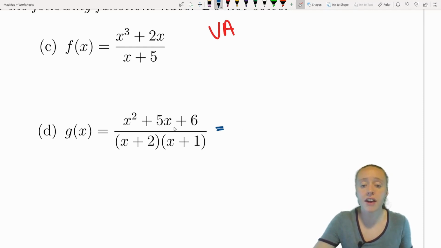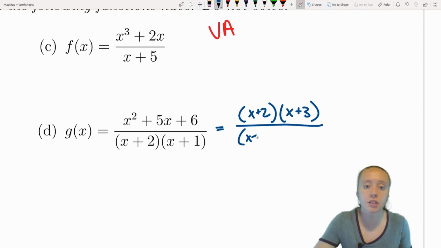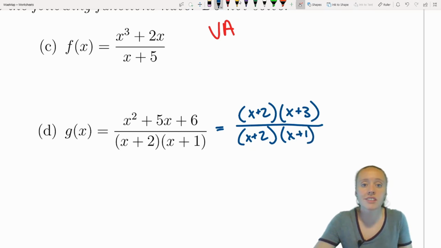So x squared plus 5x plus 6, what multiplies to give me 6 and adds to give me 5? That's going to be 2 and 3. So I'll have x plus 2 as one factor, multiplied by x plus 3. And remember, my denominator is x plus 2 times x plus 1. So you can see that my x plus 2 cancels out.